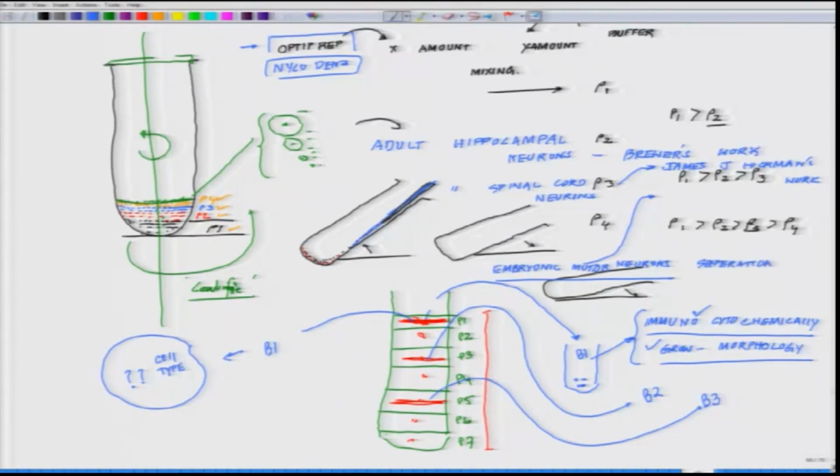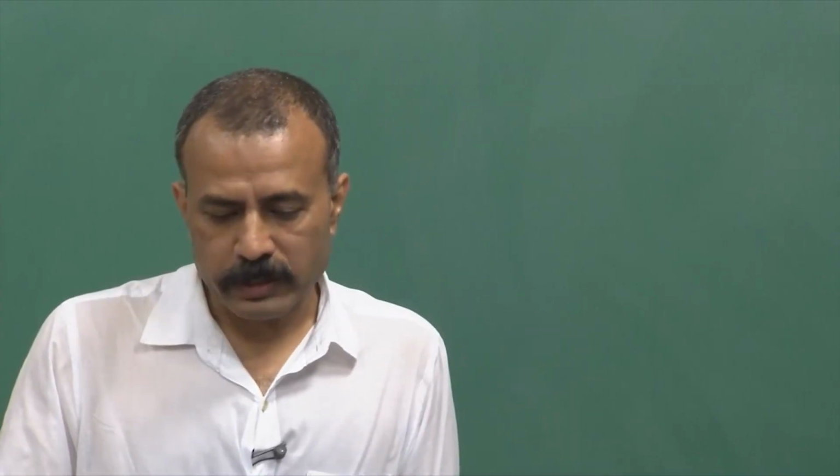I will hand this over if I could get a copy of this paper, because this is a very old paper where all this density gradient centrifugation has been used. So, this is, I'd say, the 80s, this is in the early 2000s, and this is around 2003. This is how this area of cell separation in terms of neuronal cells has progressed.